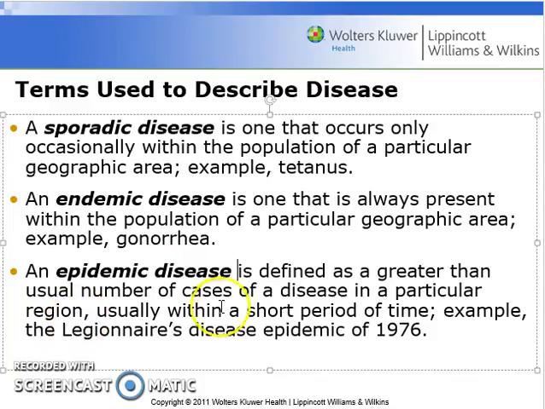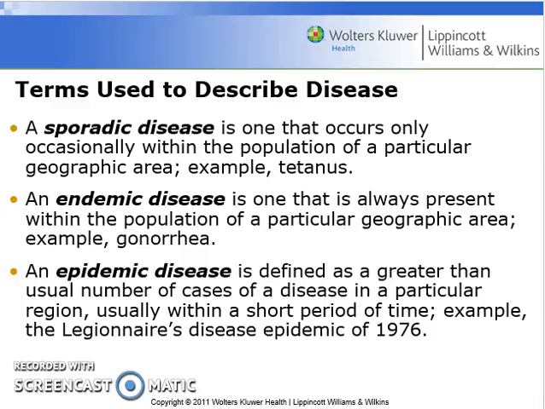So Legionnaire's disease is an example of an epidemic disease, because it's not highly prevalent in the population, but all of a sudden there are a lot of individuals presenting with these symptoms. Zika virus right now is epidemic. Ebola 2 years ago was an epidemic.